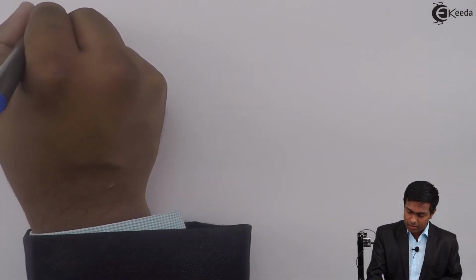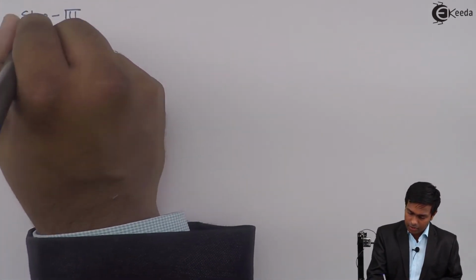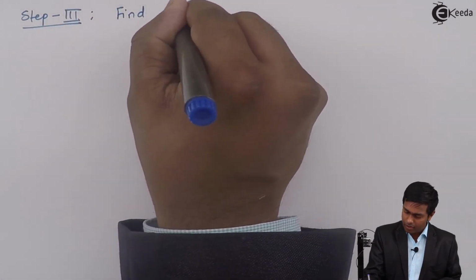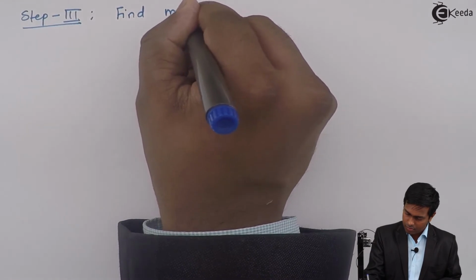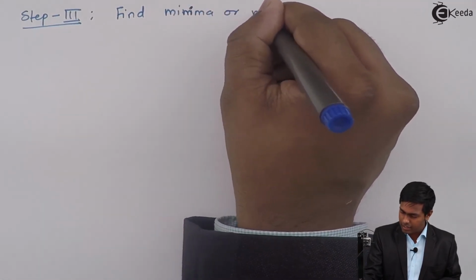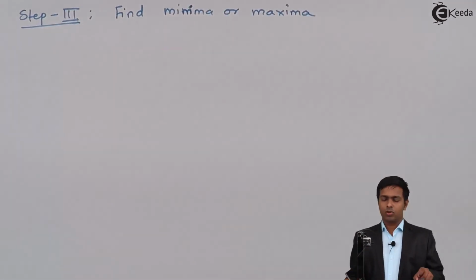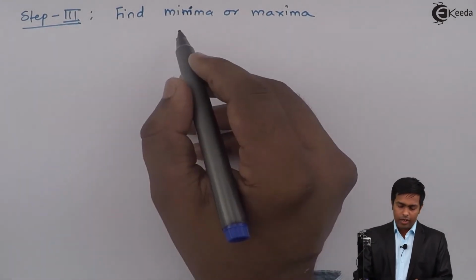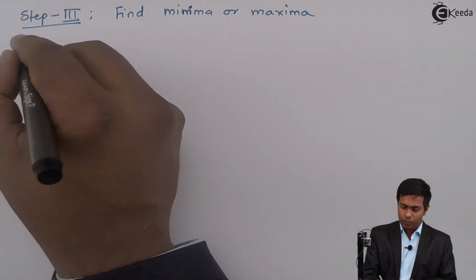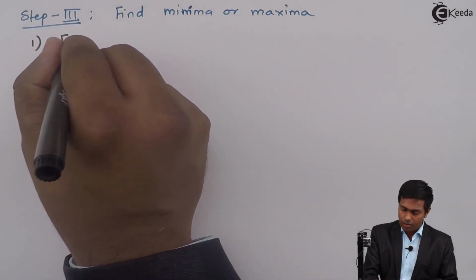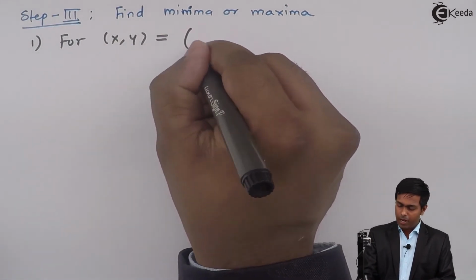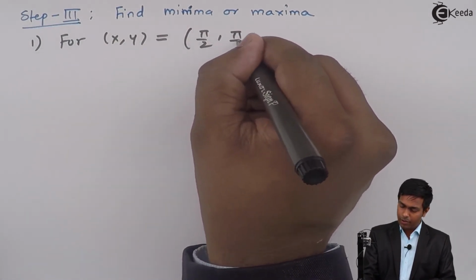So that is our step number 3. So here I'll say step number 3. So finding minima or maxima. So to find minima or maxima, we'll take the first pair. So first pair is for x comma y equal to pi by 2 comma pi by 2.